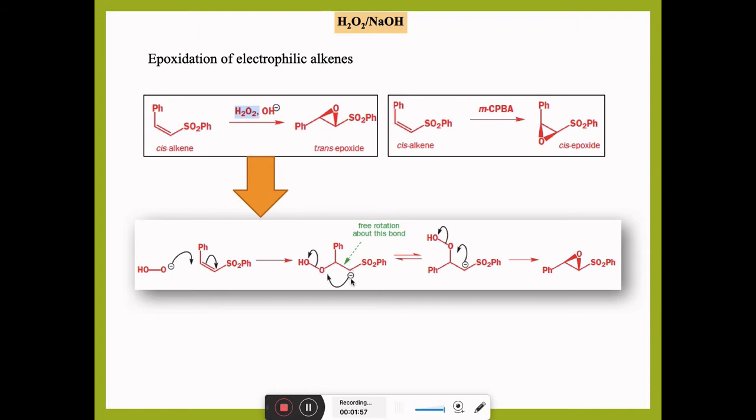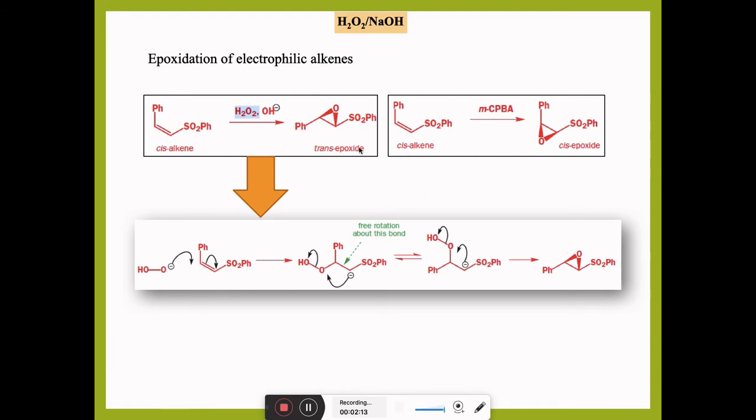The negative charge which is here on this carbon will again attack the oxygen and then OH will leave. So finally it will give you an epoxide.